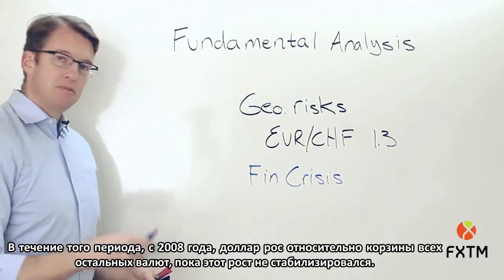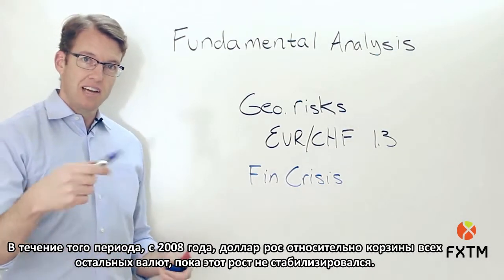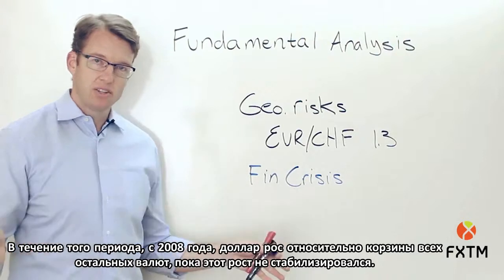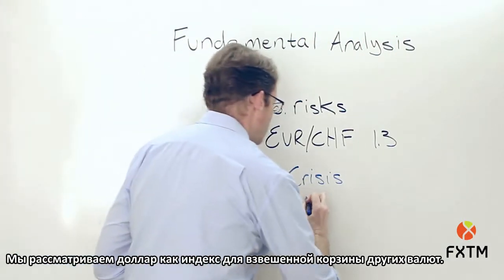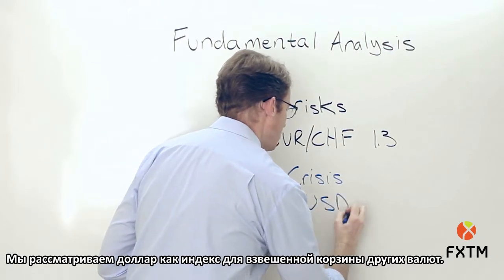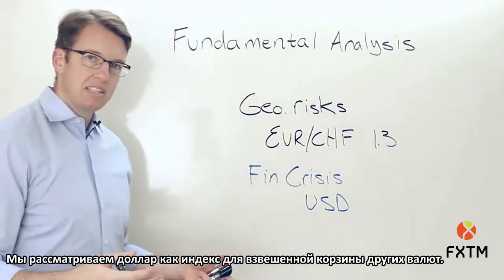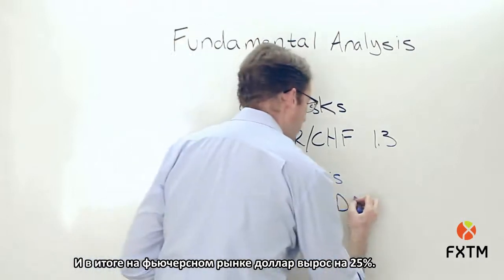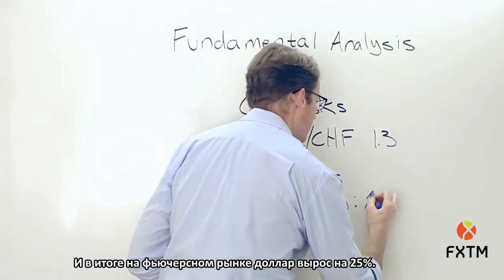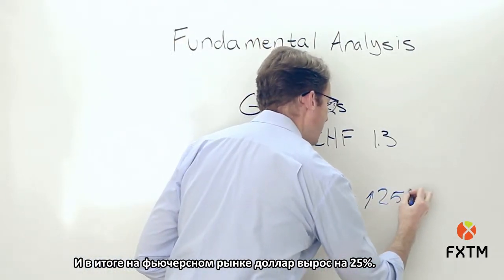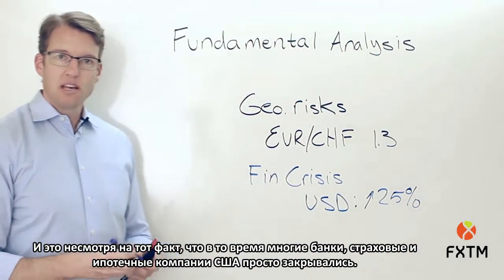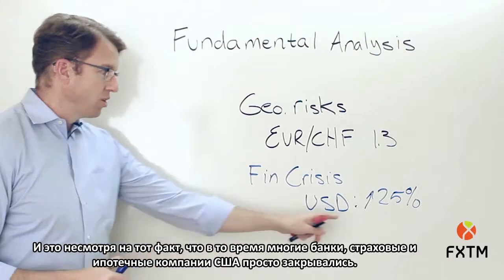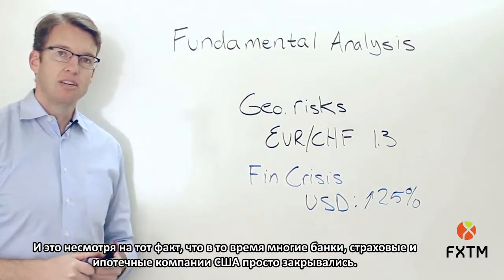So during that time, from 2008 on, until things started to cool off a little bit, the dollar itself, if we look at it just as an index, so against a weighted basket of other currencies in the futures market, actually improved in value by about 25%, despite the fact that there were banks and insurance companies and mortgage companies and so forth that were all going out of business at the time in the US.